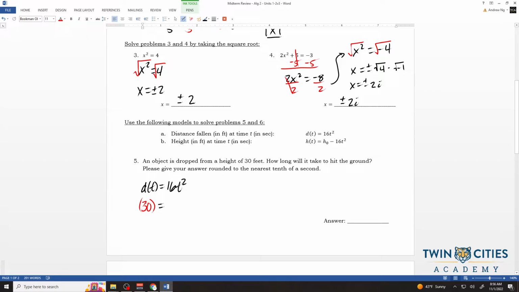So 30 is equal to 16t squared. Now, solve for t. So let's divide both sides by 16. This will give me t squared is equal to 1.875.